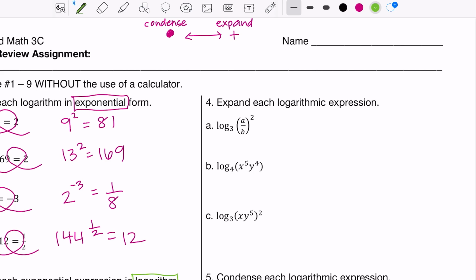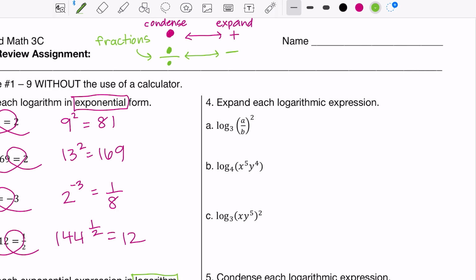And if you are dividing in condensed form, then you're going to be subtracting. And keep in mind, dividing in math also entails fractions.